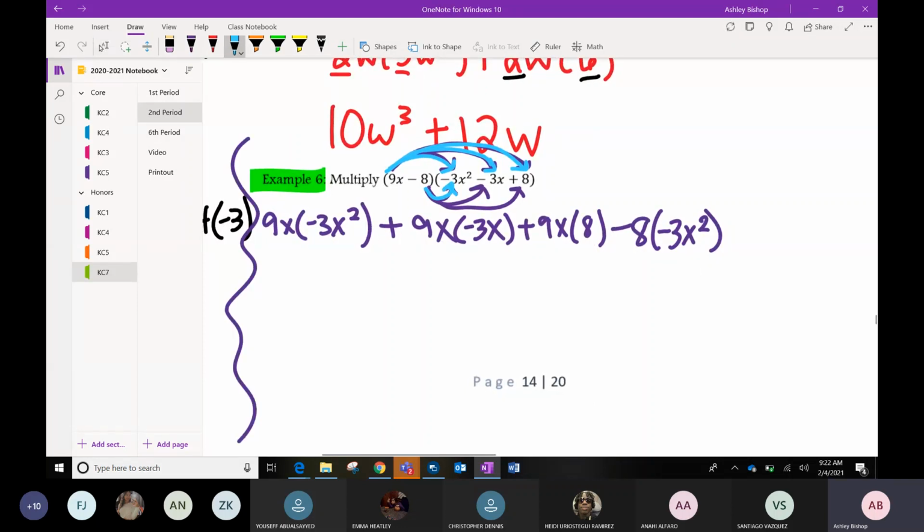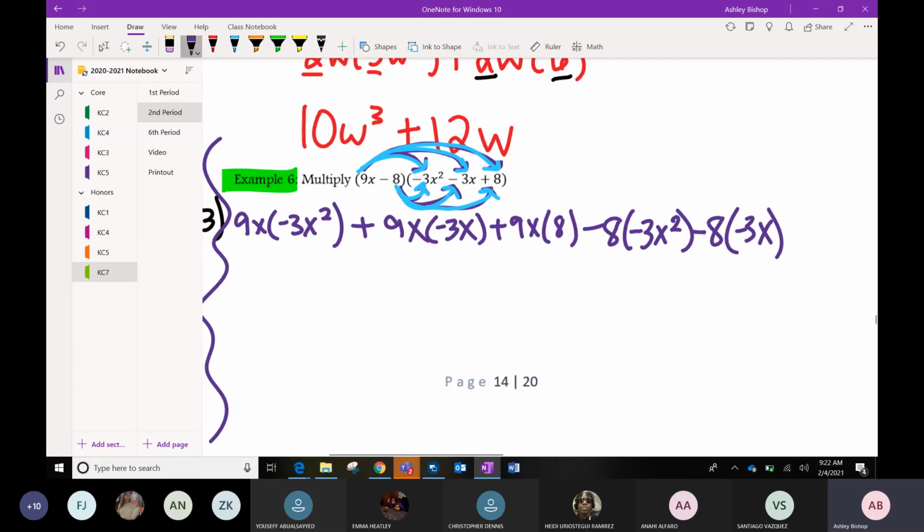Then I'm going to do -8 times the middle term, which is -3x. And then my last term, which is -8 times +8. Now, I'm just going to clean it up.